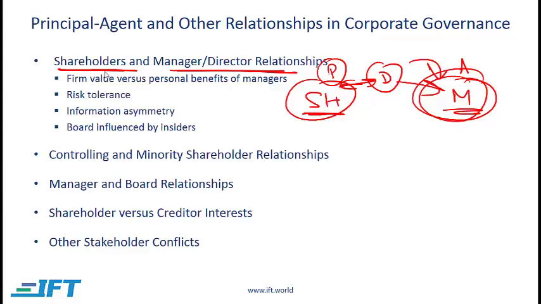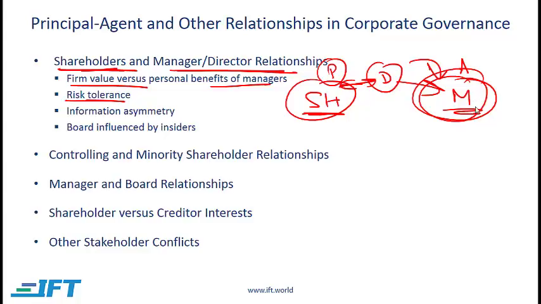Now coming back to the shareholder and manager conflict, as I said, a major issue is that shareholders want the firm value to be maximized, whereas managers want their own personal benefits. Often the risk tolerance will be different between shareholders and managers. Managers who are interested in preserving their jobs might generally tend to be more risk averse than necessary.